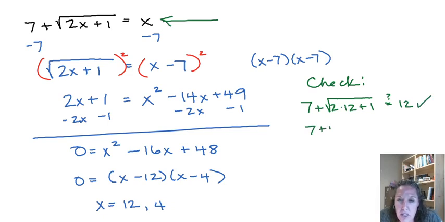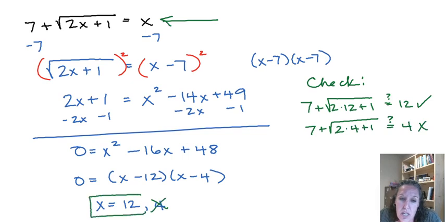If we do the same thing for 4, underneath that square root, we're going to get 2 times 4, which is 8, plus 1 is 9. The square root of 9 is 3. 7 plus 3 is not equal to 4. And so that is an extra solution. So x equals 12 is our only solution to this equation.